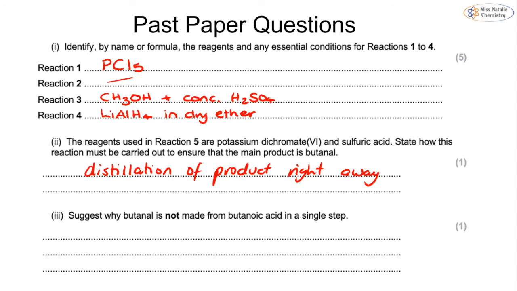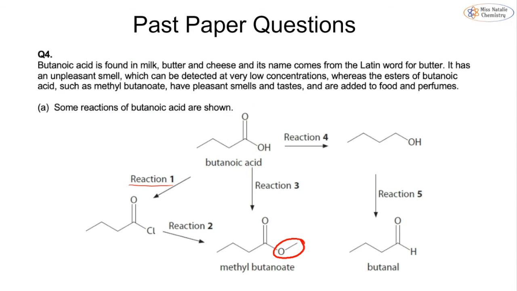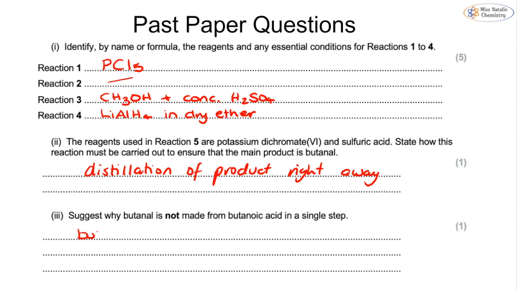And then the last question suggests why butanol is not made from butanoic acid in a single step. So we went from the butanoic acid to the alcohol back to the aldehyde, and that is simply because butanol is more easily reduced than the butanoic acid.